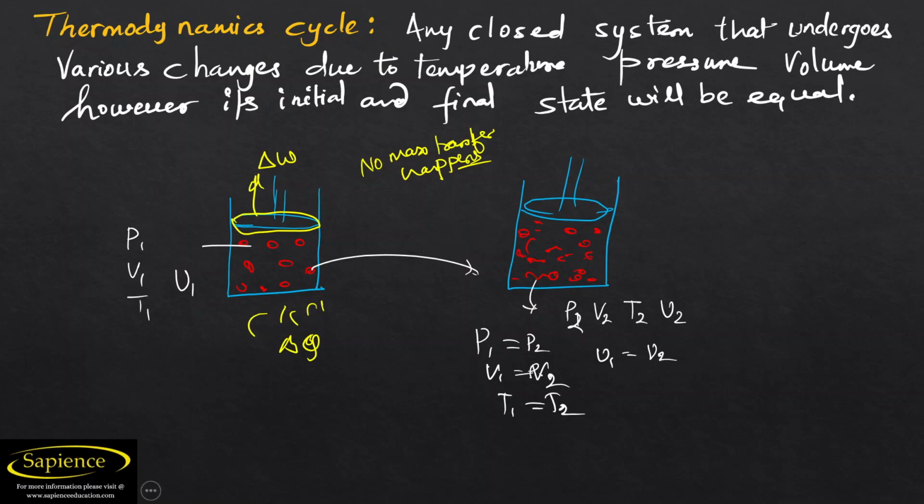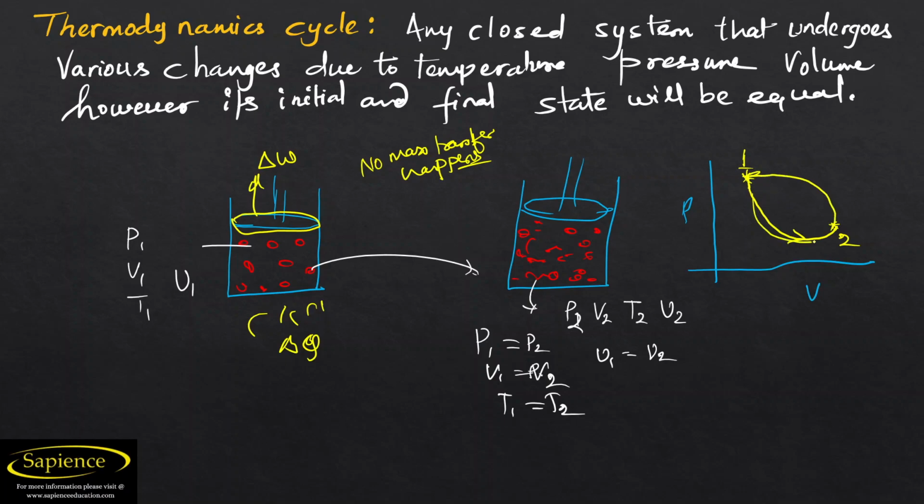If you want to see it in a graph, this is the pressure and this is the volume graph, and let us talk about the states. This was state 1 of the thermodynamic cycle, and this is state 2. When the process undergoes, it comes to state 2, and again it goes to state 1 only.